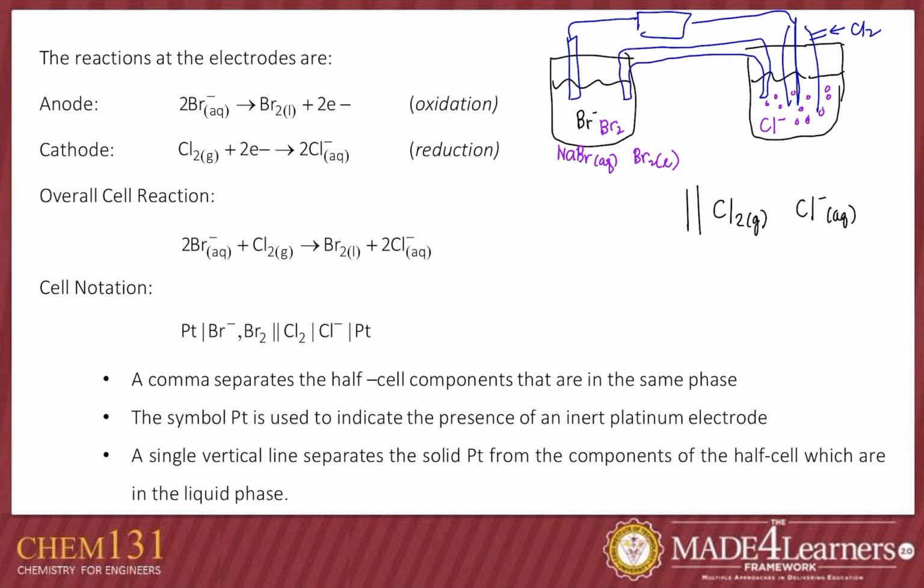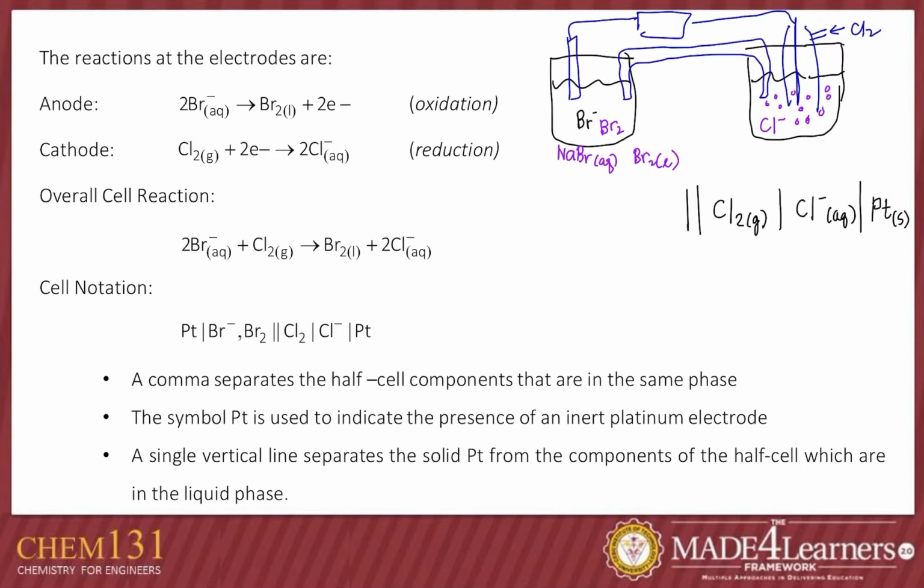That's AQ. So it's a gas, and then it's AQ, so different nga phases, so we are going to use a single vertical line. And because gigamitan pa siya og platinum nga electrode, so of course that's a solid, so we're going to use a single vertical line for that.